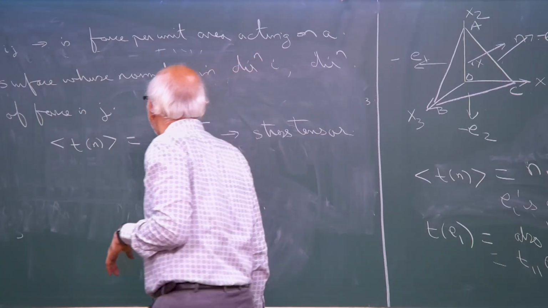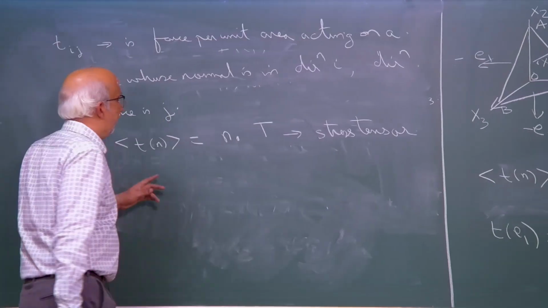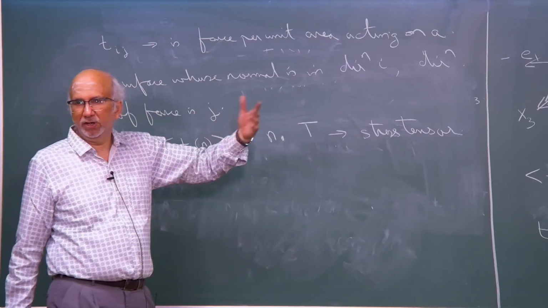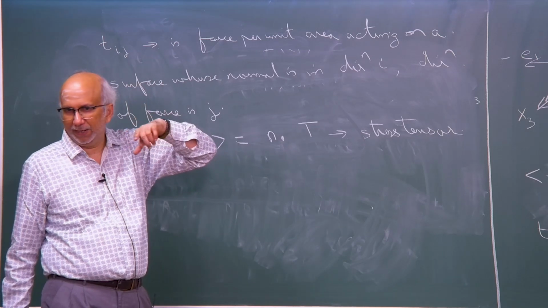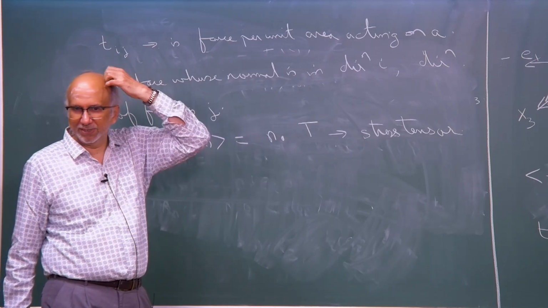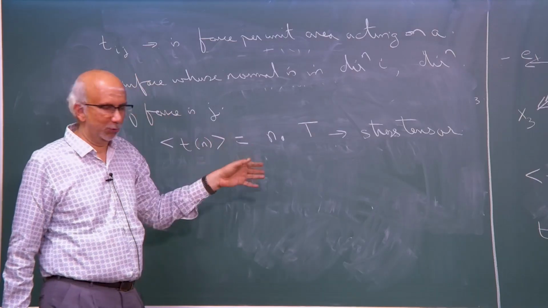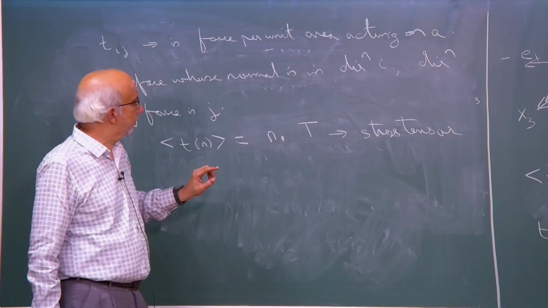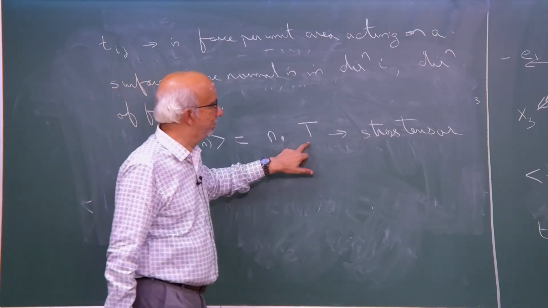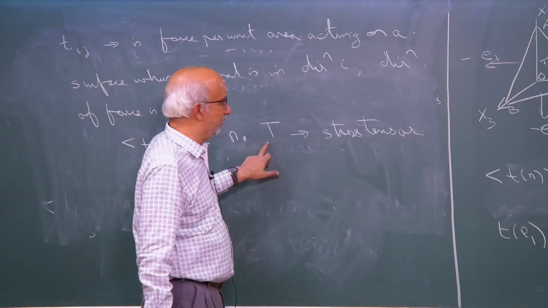So, I now have some hope of converting the area integral to the volume integral, because whenever I had integral n dot dA, I use the Gauss divergence theorem. So, basically we are already there, but I want to explain what this T is.